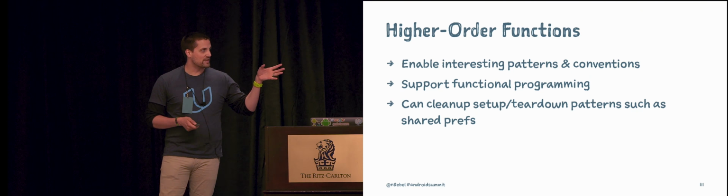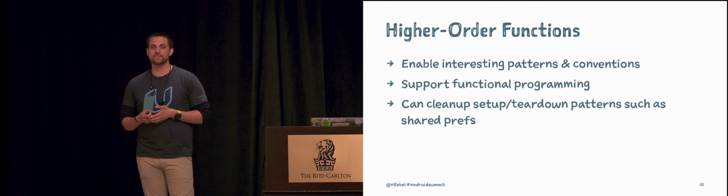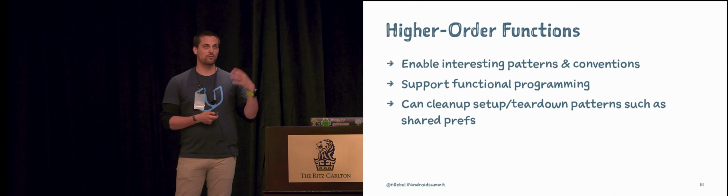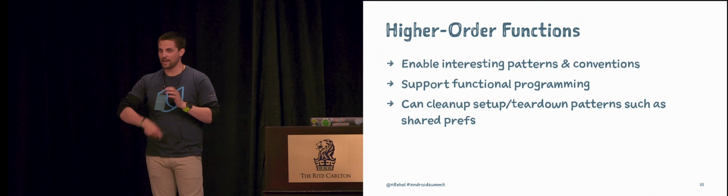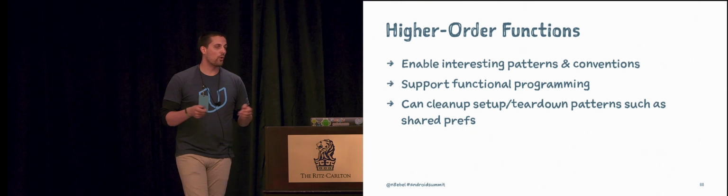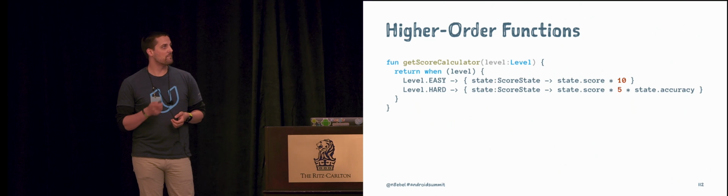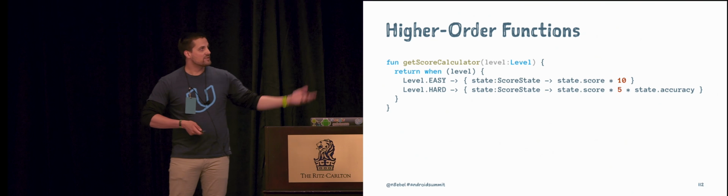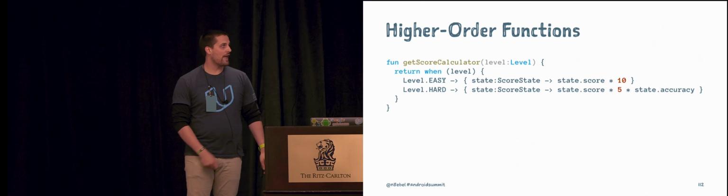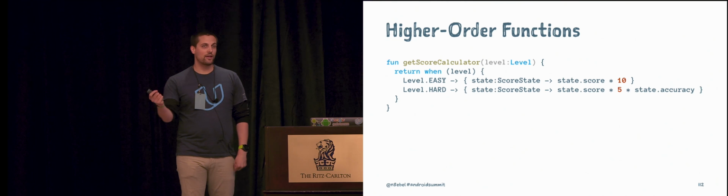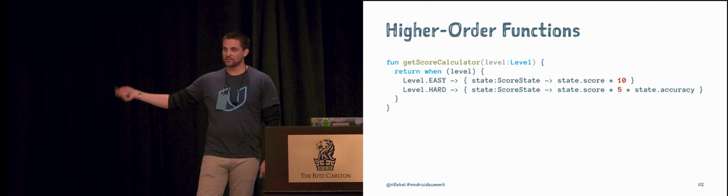You can also use it to start to clean up common use cases, such as shared preferences, where you have a consistent setup, do something, tear down. So here's an example of a function that actually returns some other functions. We might imagine we're passing in a difficulty level for a game, and we want to get a reference to how we should calculate scores for this.